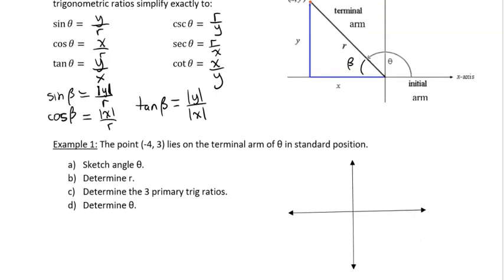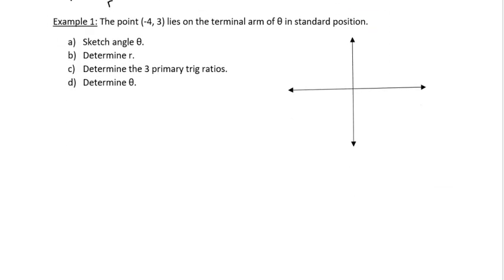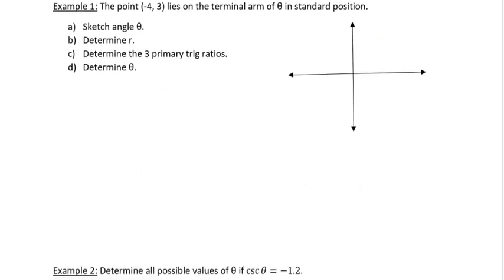So let's look at the first example together here. It says, example 1, the point -4, 3 lies on the terminal arm of theta in standard position. So -4, 3. If we're to sketch that, -4 would be somewhere over here, 3 would be somewhere up here. So this is -4, 3. So that point is lying on the end of the terminal arm in standard position.